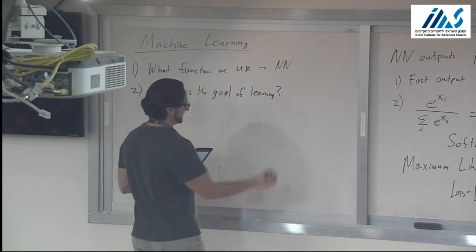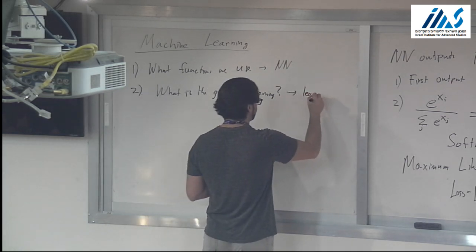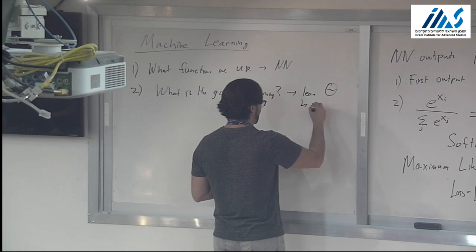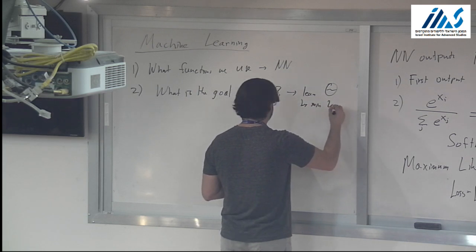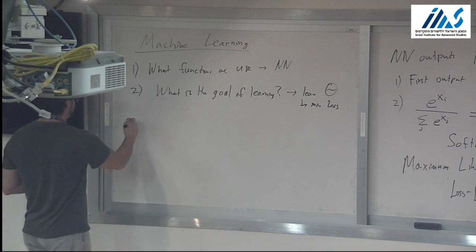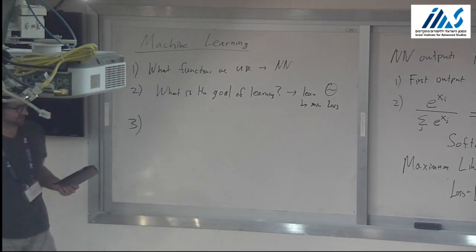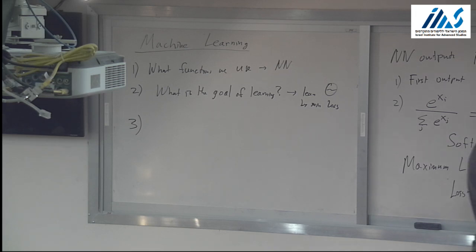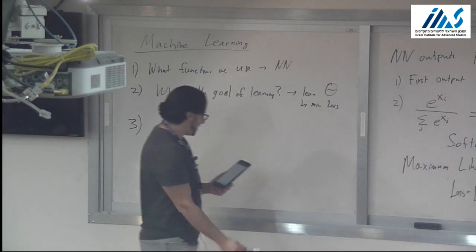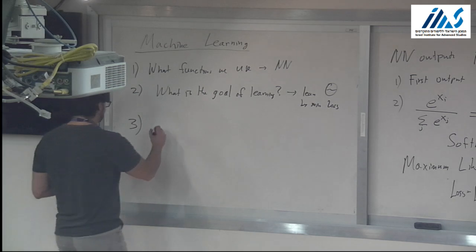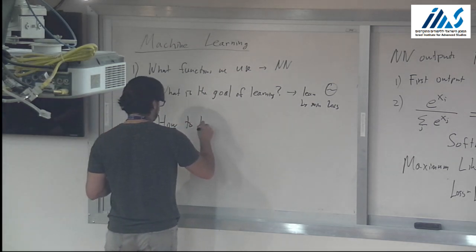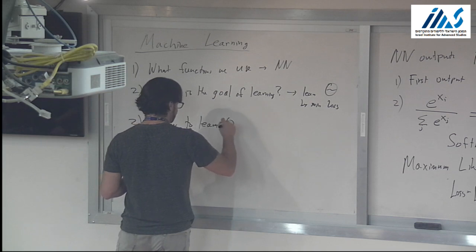And the answer was learn the neural network parameters by minimizing the loss. At the overview level, these are three different ways that the loss can arise conceptually that are all quite different. And then the third question is how to learn these theta.